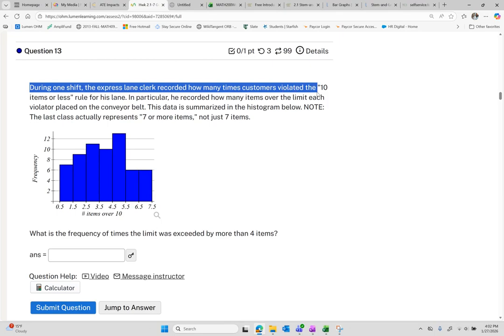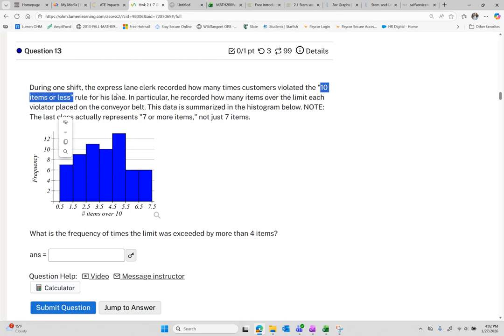The sign says 10 items or less for this lane, which is the express lane. So a person violates this sign if they come to the cashier in the express lane with more than 10 items.